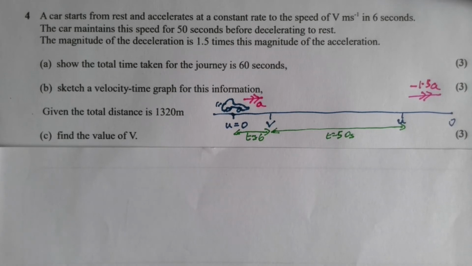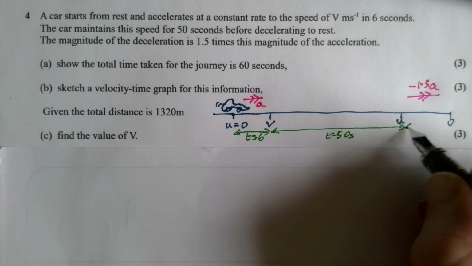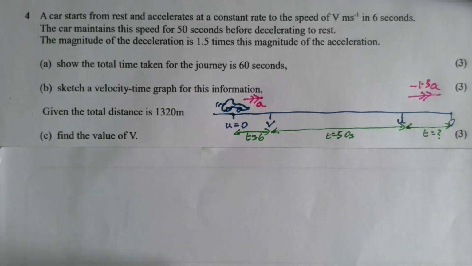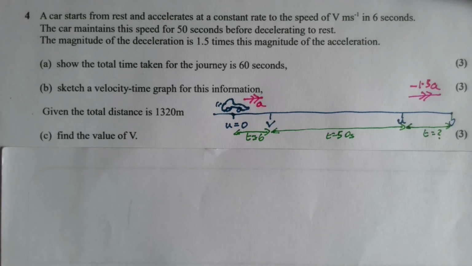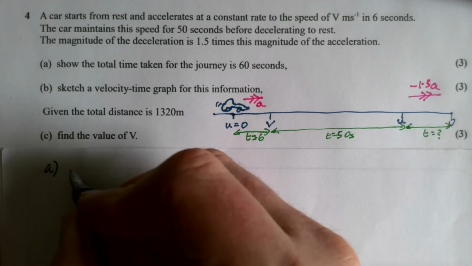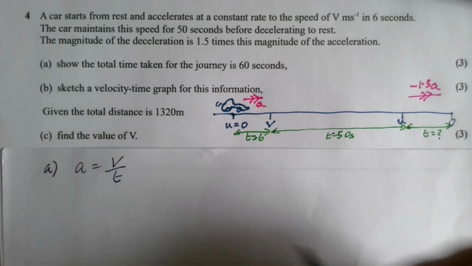So the t for the last part here is the bit that we've got to work out. Now, acceleration, how do you work out acceleration? Well, acceleration, part A, acceleration is velocity divided by time, isn't it?